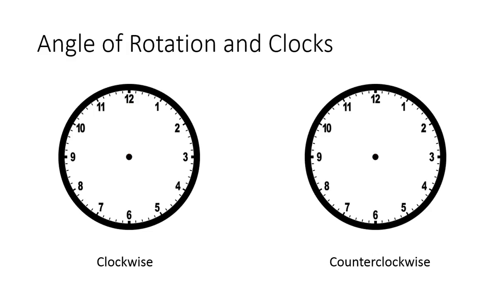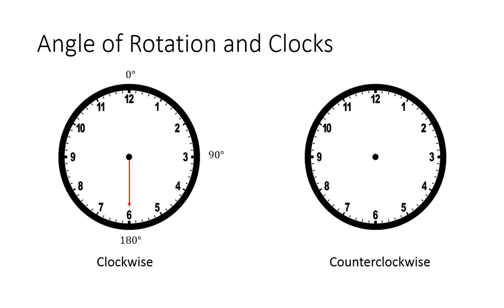I'm going to be using clocks to help us with the representations of the rotations, and so I'm going to show you how the angle of rotation correlates with the numbers on a clock. And so I'm going to start with clockwise, and I'm going to start at 12, so that will represent 0 degrees. And then from there, I'm going to move to 3. And by doing that, that means I have rotated 90 degrees clockwise.